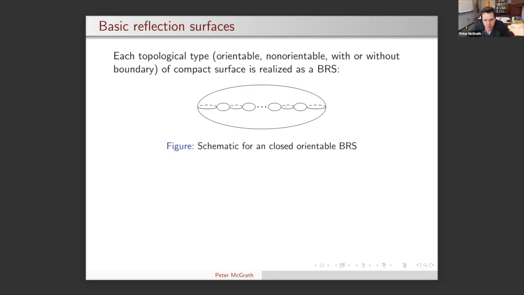Okay, and so I've tried to articulate a couple of the fixed point ovals here that go around like this and have these dotted backsides, and then tried to articulate some of the topology there. So if you wanted to turn one of these closed basic reflection surfaces into a basic reflection surface with boundary, at least up to equivariant homeomorphism, you could just cut out a number of disks that meet one of these single ovals, fixed point curves on the surface, and then you would get a basic reflection surface that's orientable with boundary, and then has any prescribed number of boundary components.